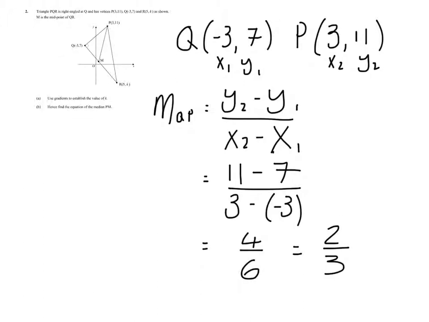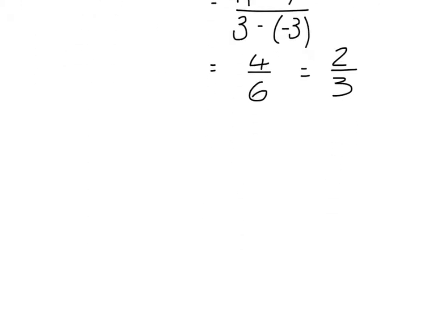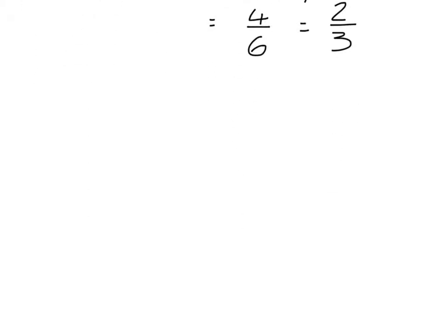So now we know that the gradient of the line QP is 2/3, which means the gradient of the perpendicular line QR will be that number flipped upside down with the sign changed. So that means that m QR is equal to negative 3 over 2.